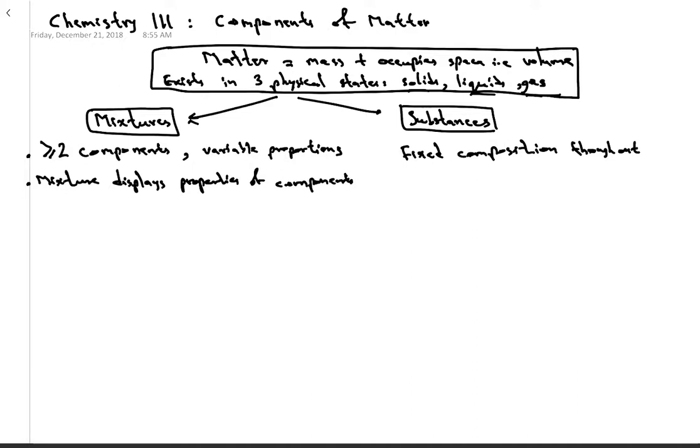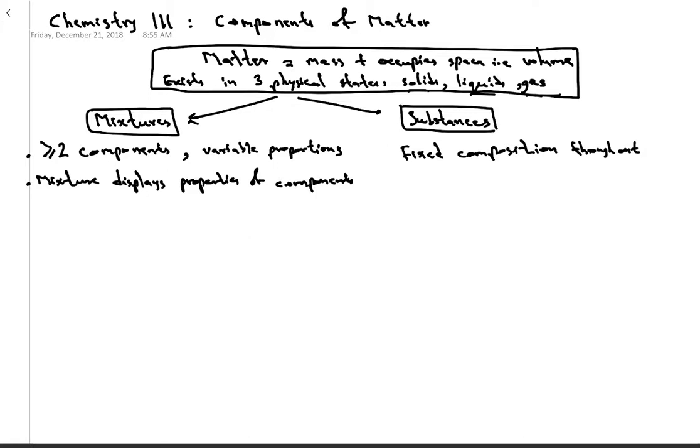In our example of mixture of sand and iron filings, if I move a magnet over that, it will attract the iron filings. So although the mixture has two or more components, each component will retain its property, and the mixture therefore will display properties of all of its individual components.